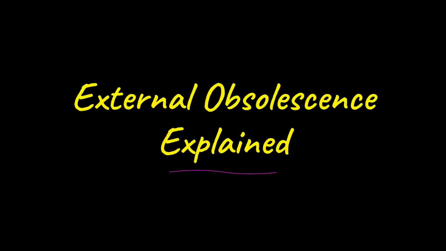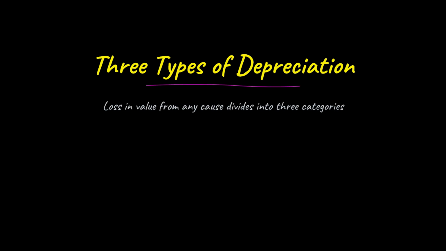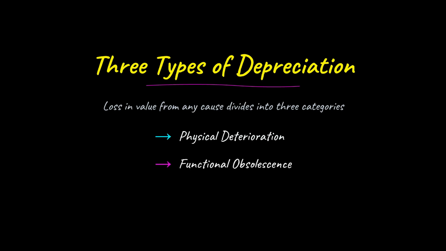Property can lose value for reasons that have nothing to do with the building's own condition, and appraisers have a special category for this: external obsolescence. Depreciation in appraisal is loss in value from any cause, and it splits into three categories: physical deterioration, functional obsolescence, and external obsolescence.